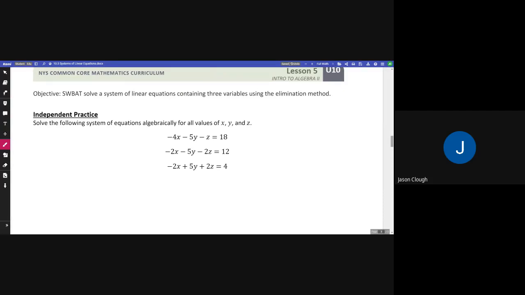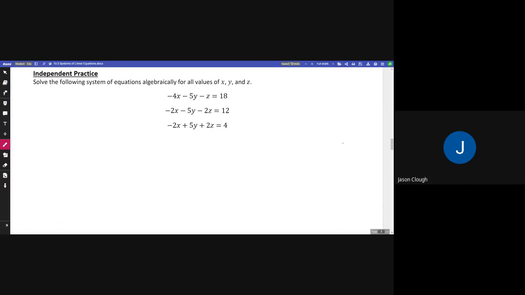All right, here's the next question. Once again, the goal is to figure out which 2 equations we want to use and what variable we want to get rid of. Honestly, all of them are pretty good. Not many of them require much work.